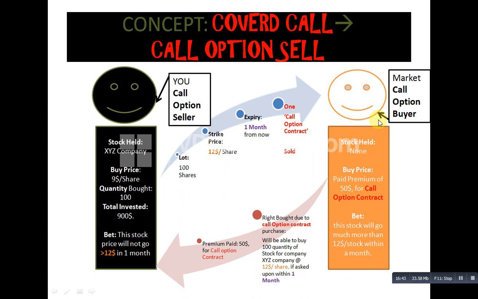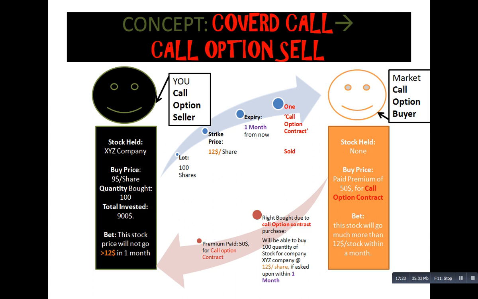Okay, now let us say this orange person, or B person, is buying this contract from you, but they must pay some price to you, right? So let us say in this case they are going to pay you $50 to buy this contract, right? They're not buying the actual shares, they're just buying a contract which says they can call upon you, who is the seller of the contract, anytime within the next 1 month to sell 100 quantity of XYZ stock at $12 per share price.